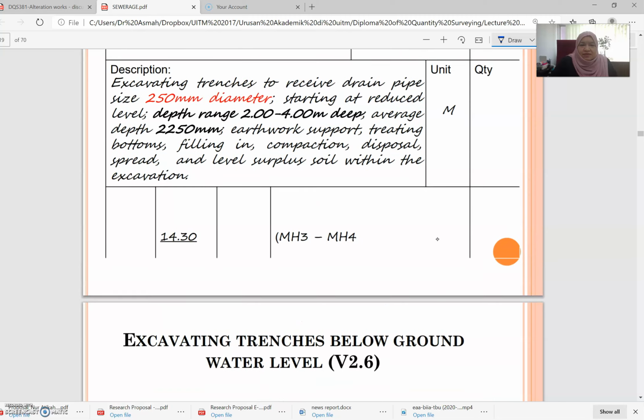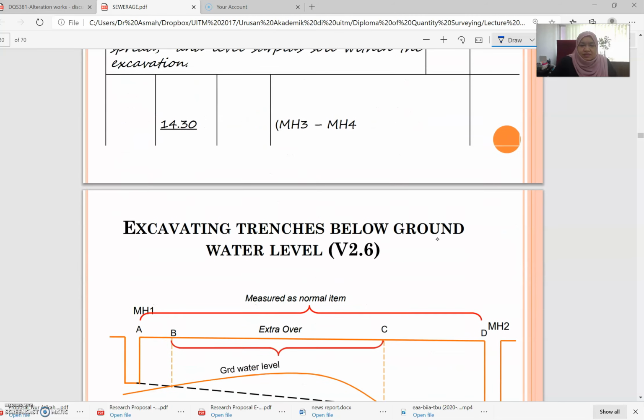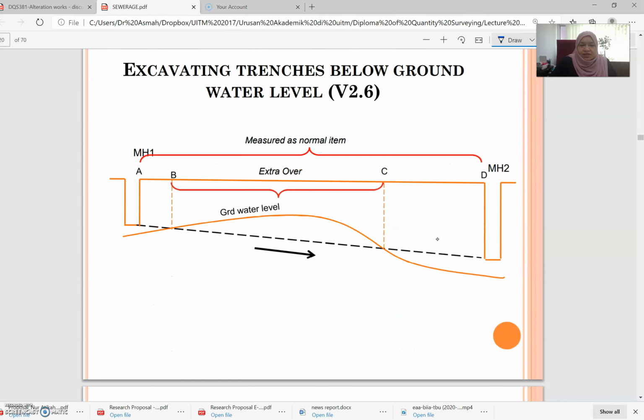If you have excavation below groundwater level, then you need to allow for extra over for the things below groundwater only. But you have to measure everything like a normal description. Just allow another description telling the contractor there is an excavation below groundwater level.